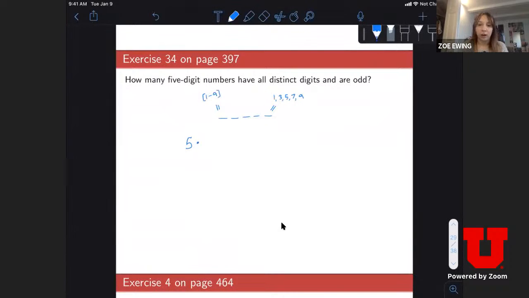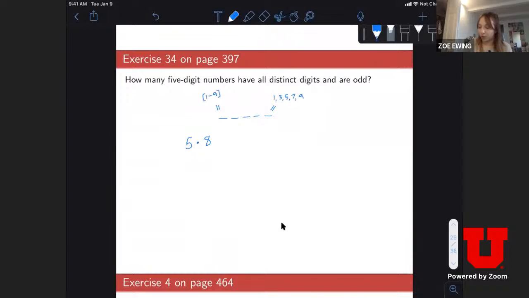And why can't we pick 0? Because then it's not a 5-digit number. Yeah. Oh wait, they're all distinct, sorry. So we usually would have 10 options, but we also have 1 less because each of these has to have distinct digits.